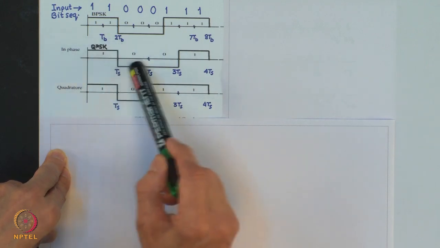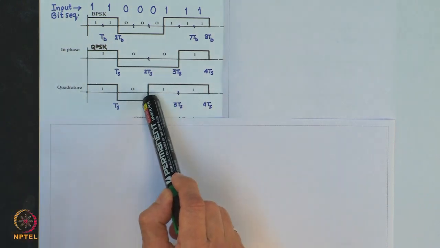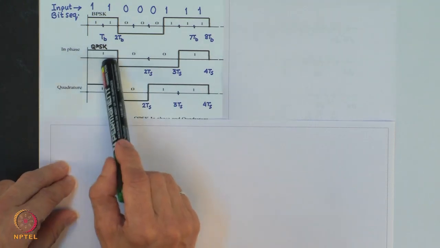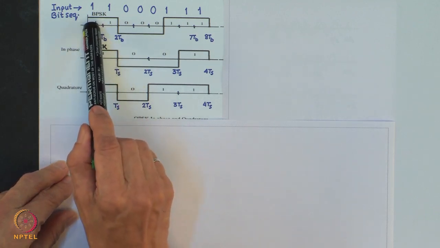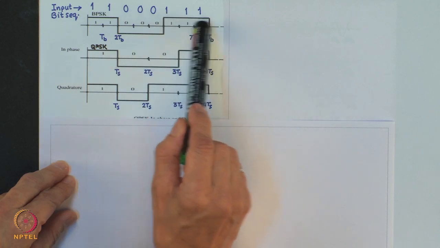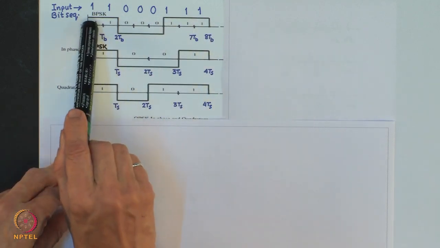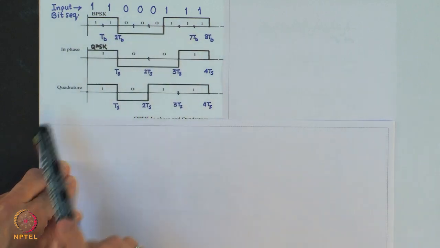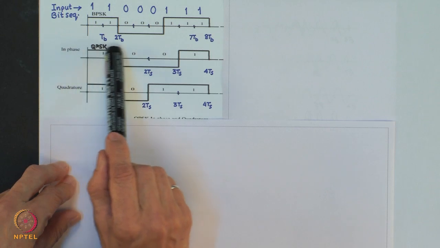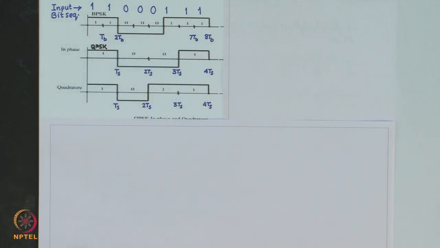One is even waveform and the other is the odd waveform. The even waveform is obtained by taking the even bits from the polar waveform given here. So, if we select 1, 0, 0, 1, you generate even bit waveform here.